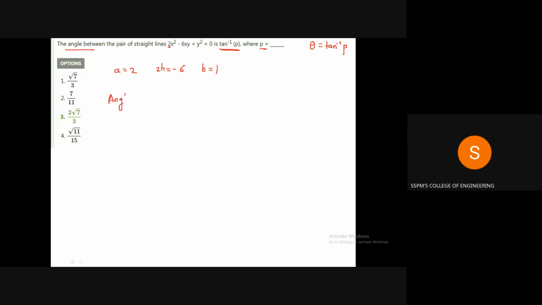So remember this formula, angle between pair of straight lines. Write down this formula.